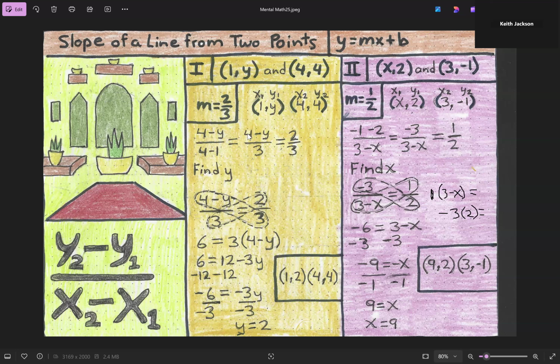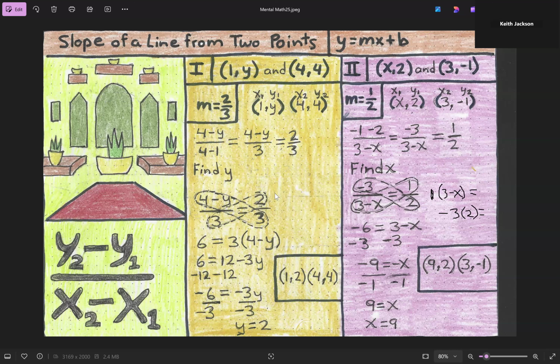And so now here's what we have. We have 4 minus y over 3 is equal to our slope of 2/3. And we're going to cross multiply to find out what is y? To find y, we're just going to say the quantity of 4 minus y times 3. And then we're going to go over here, cross multiply 3 times the 2.